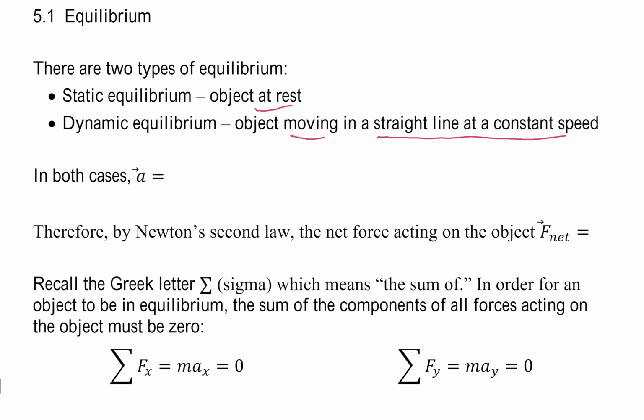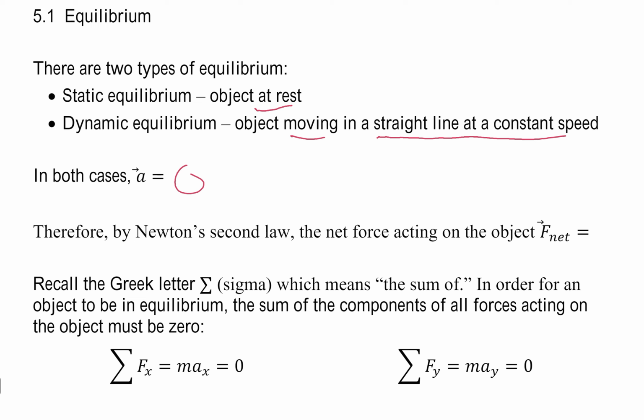In both cases, in order for us to be at rest, we can't be moving. And in order for us to be moving in a straight line at a constant speed, in both cases the acceleration must be 0. Okay?